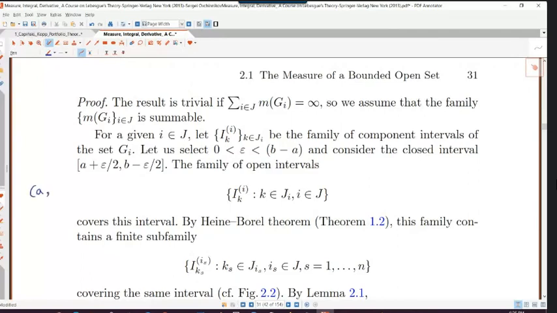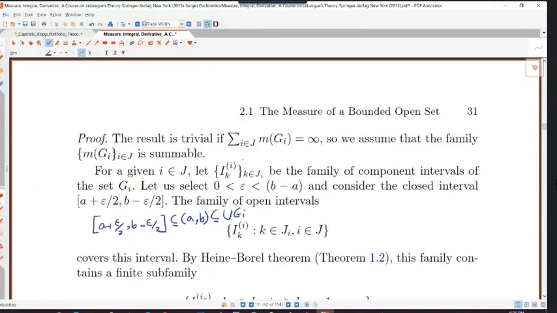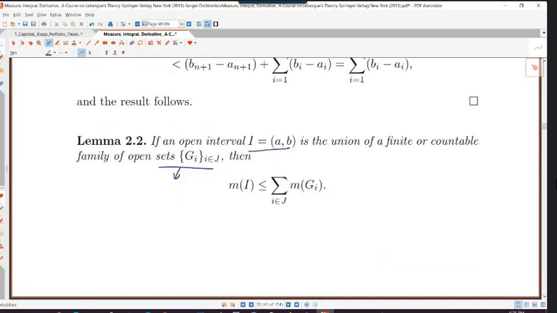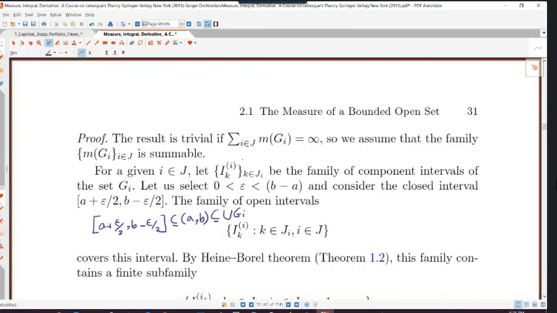We have this one, A to B is an open interval. So this is A plus epsilon over 2, B minus epsilon over 2. It is a closed interval and it is a subset of the open interval A to B. Now, the open interval is the subset of the union of Gi, finite or countable, okay?